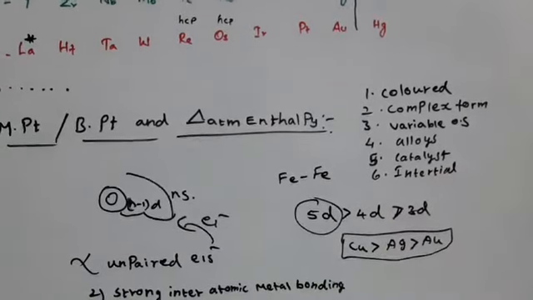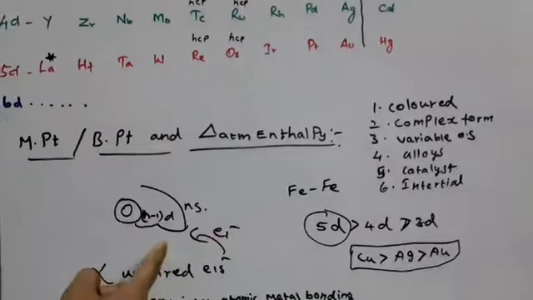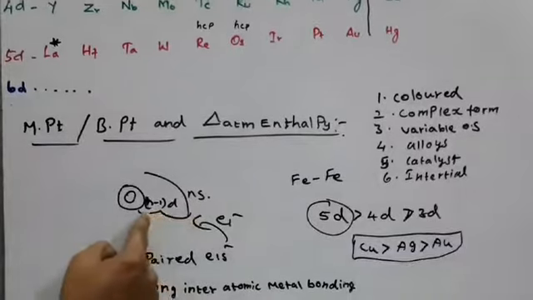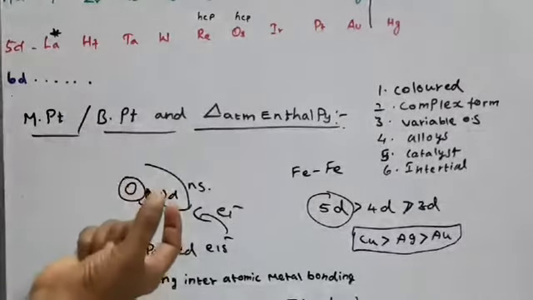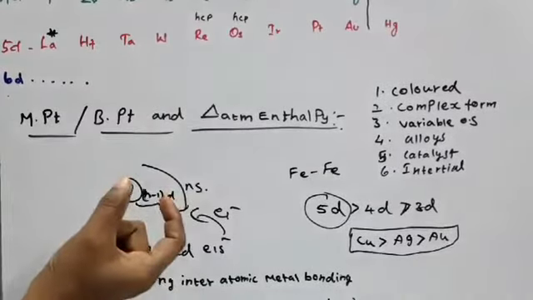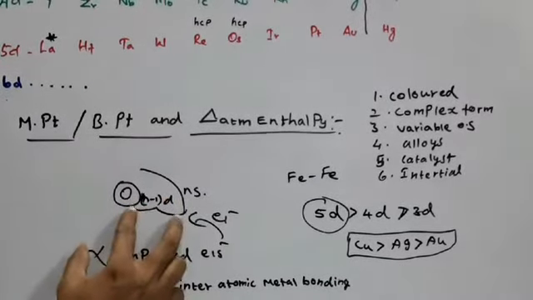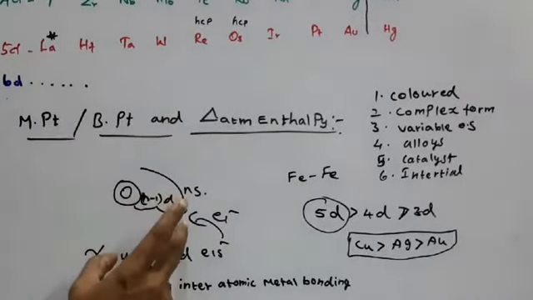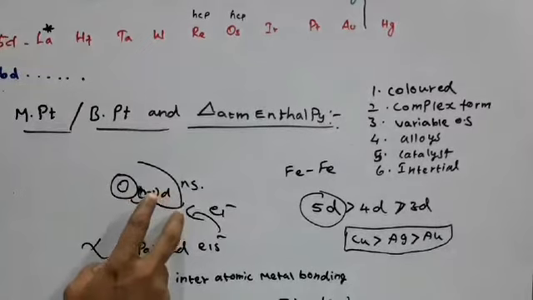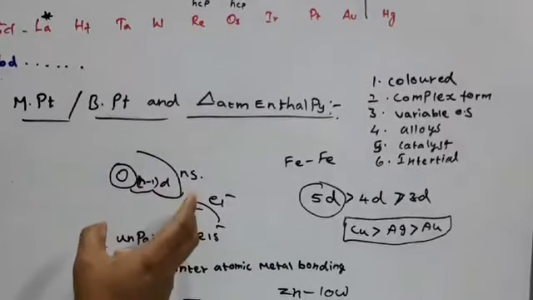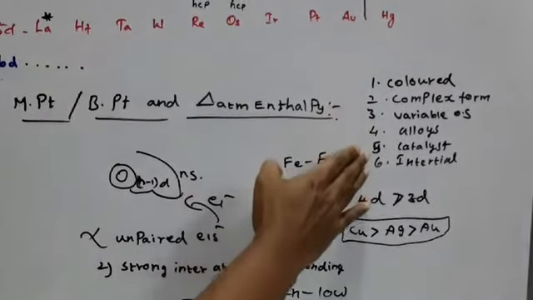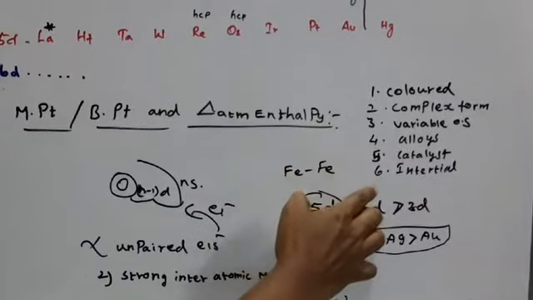As I already said, the ns and n minus 1d energy gap is very small, so both orbitals can take part in chemical bonding, so they show these special characters: variable oxidation state as well as alloys, catalysts and interstitial compounds.